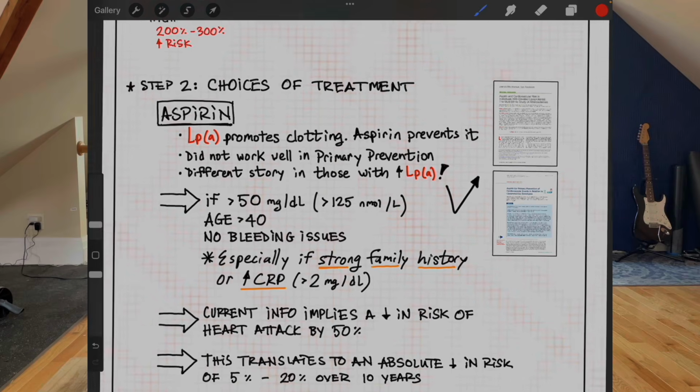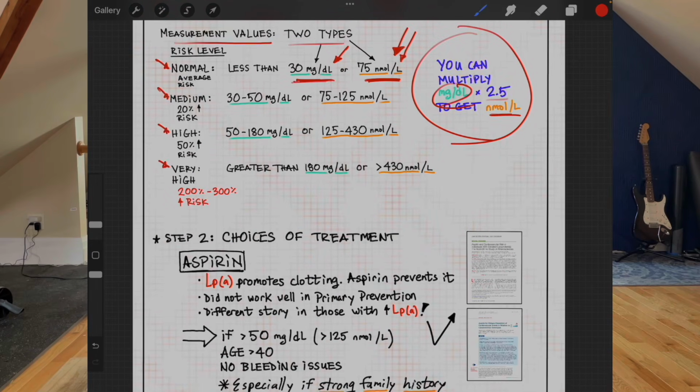So if you're in the medium risk category, no one would really know for sure what to tell you with that one. It doesn't change your risk overall that much, 20% higher than it would be if it had been normal. The higher risk, 50% increase in risk, that starts to be noticeable and worth paying attention to.